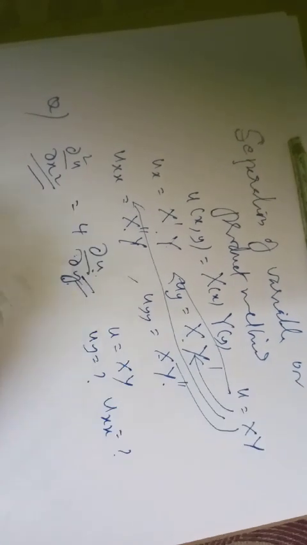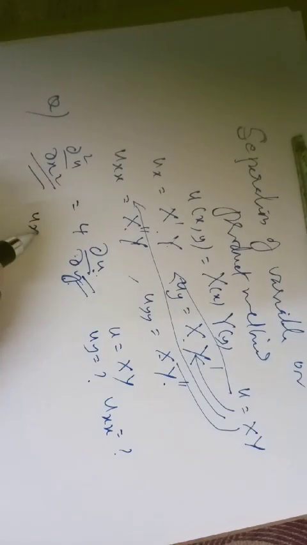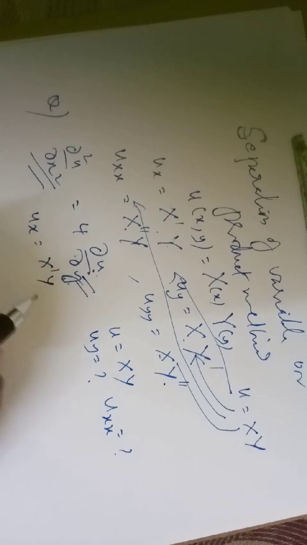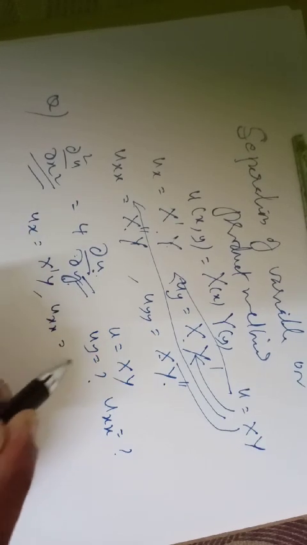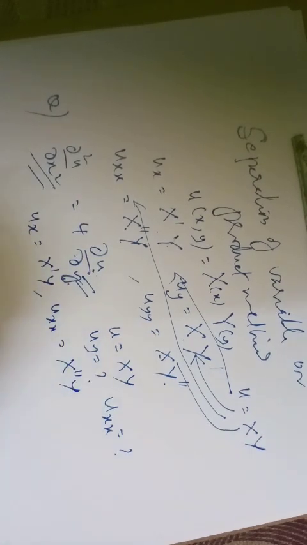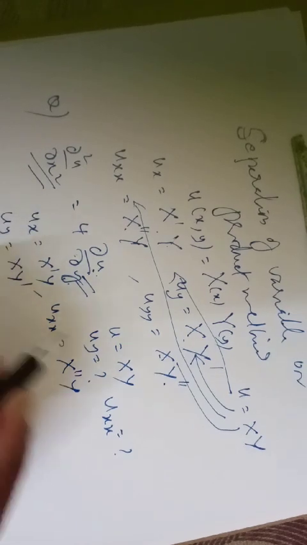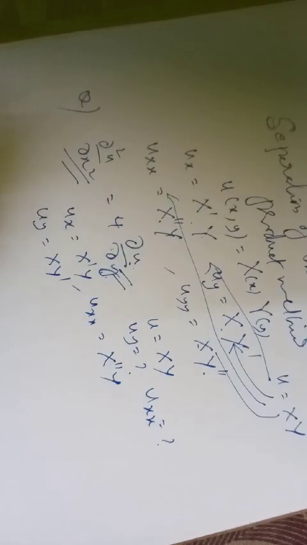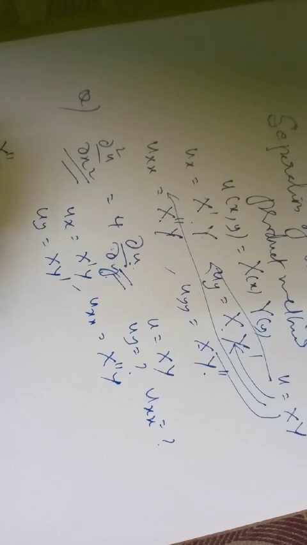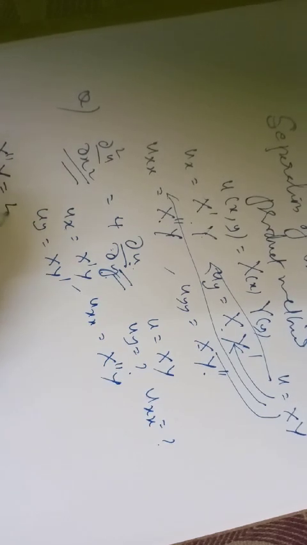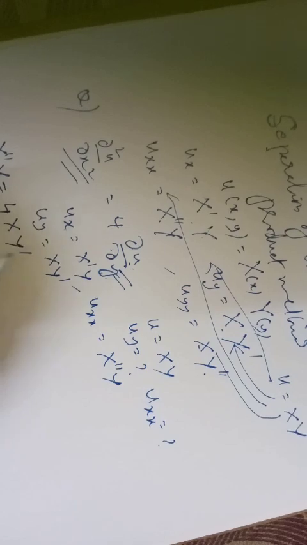Then u is equal to XY means what is u_x? X dash Y, and u_xx is X double dash Y, and u_y is X Y dash. Substituting in the equation, we get X double dash Y is equal to 4 into X Y dash.